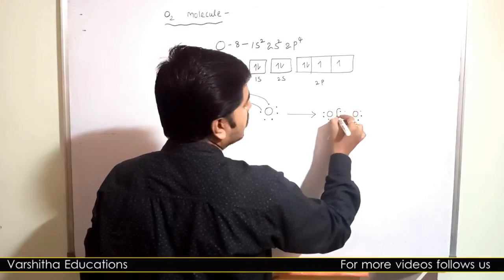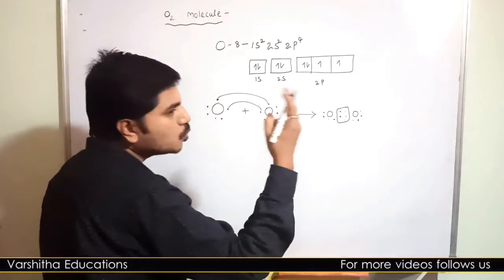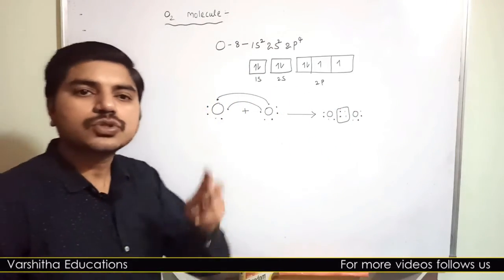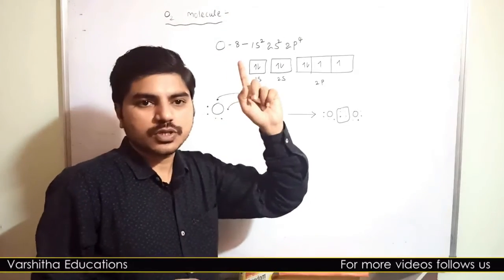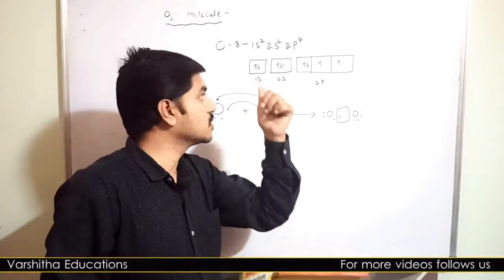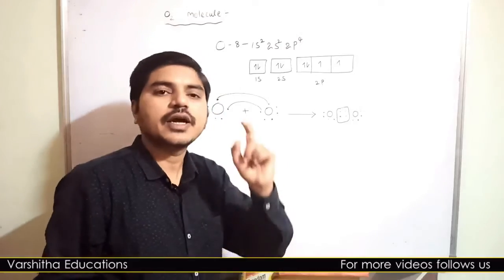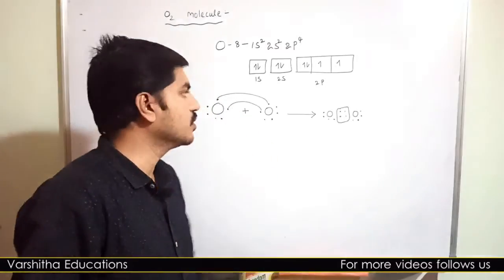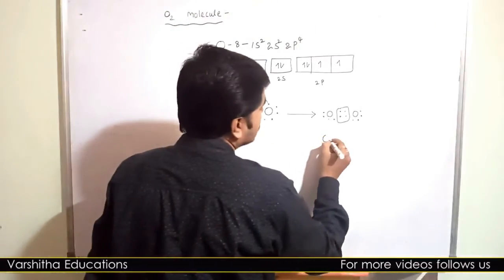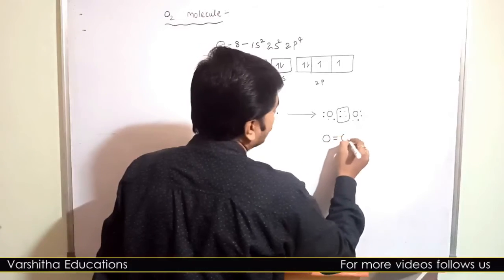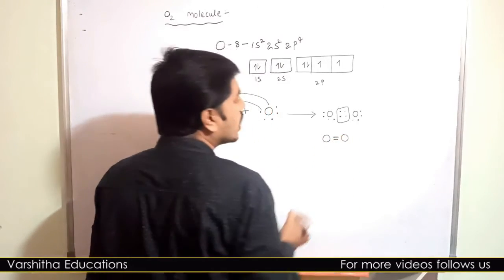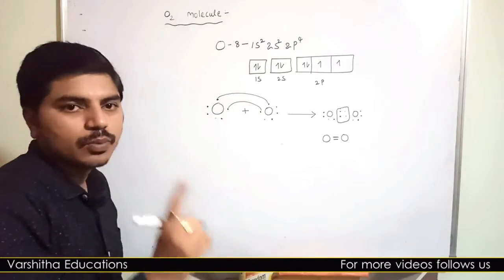How many pairs will be there? The 2 pairs are there, which means a double bond. Fluorine has a single bond and oxygen has a double bond. Oxygen forms a double bond with one more oxygen. The 2 lines show a double bond, right?